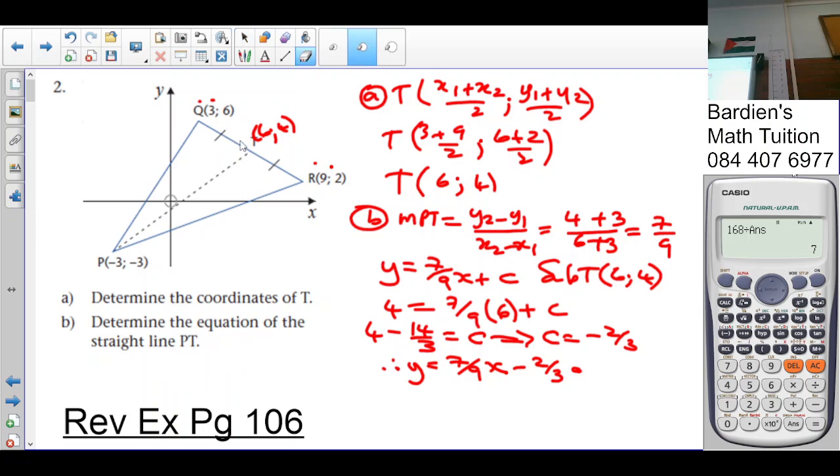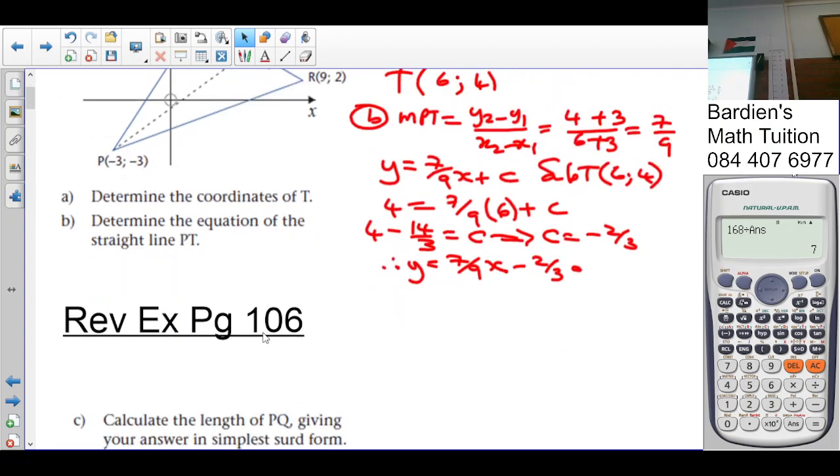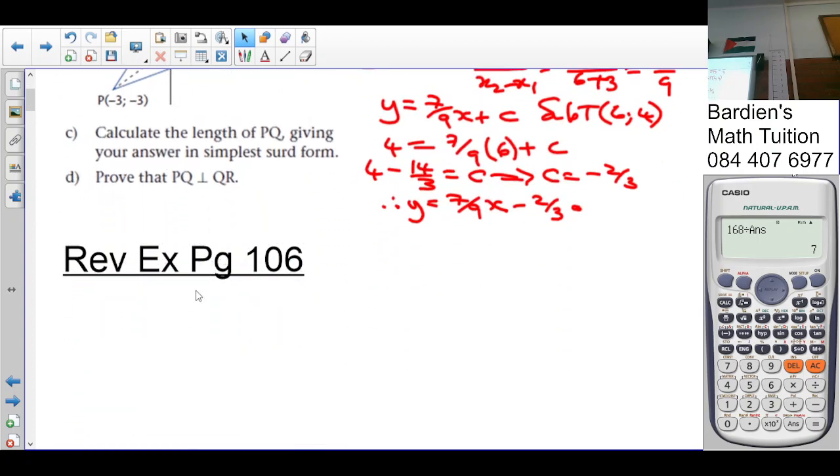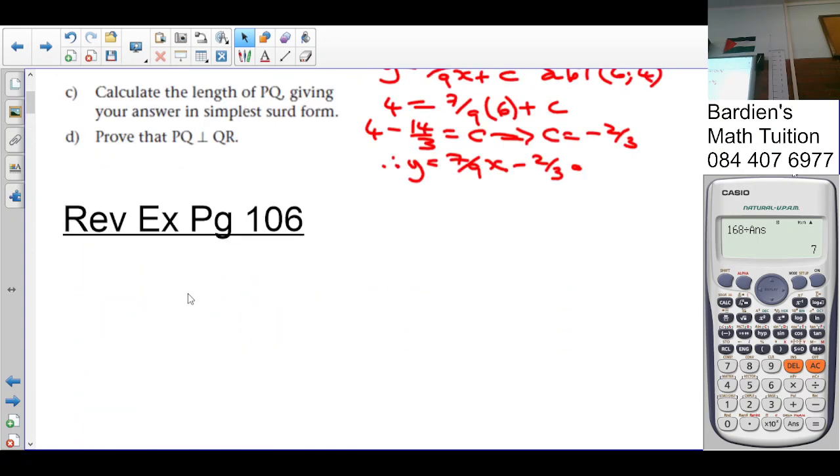But we don't ask that anymore in that format. We just getting it in the standard form is good enough for us. But again, if asked, you must then change it from there. But since we are busy with this here, let's just conclude.